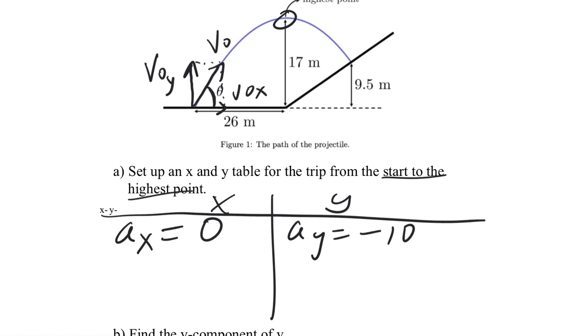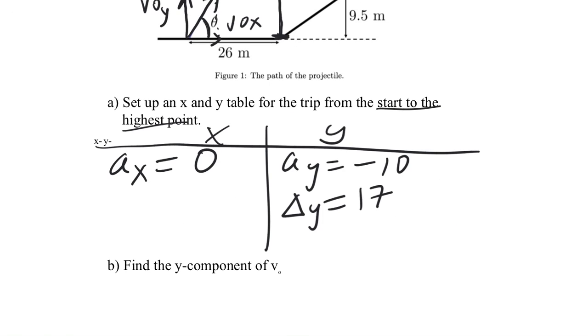Look right here: delta Y is positive 17 meters, because it starts at this level and ends up here at the highest point. Okay, delta X, as you can see up here, is given: 26 meters.